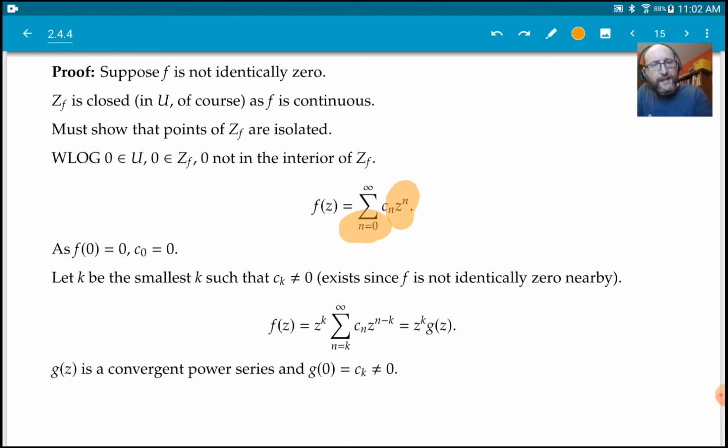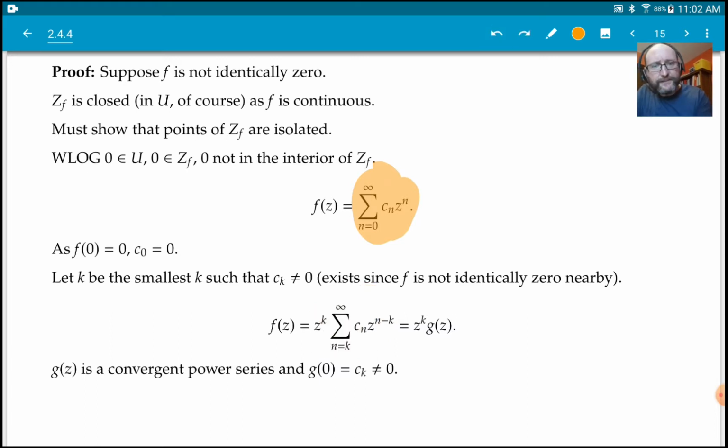So I can write down this power series like this. I can factor out a z to the k, and there's nothing about convergence here that breaks. So that's still true.